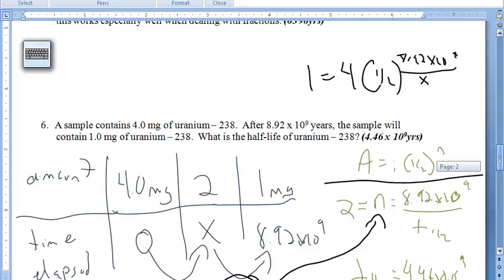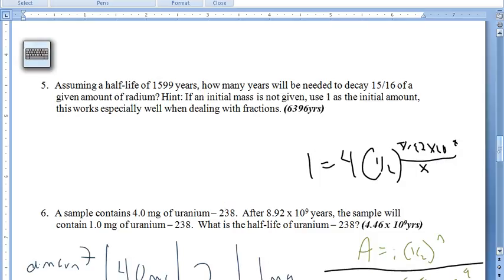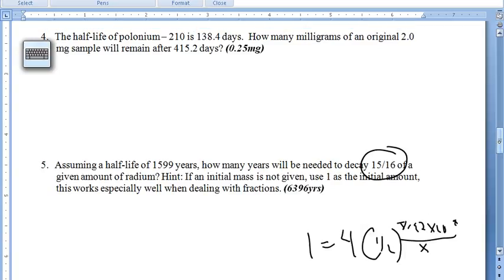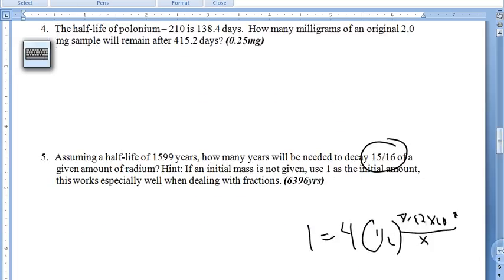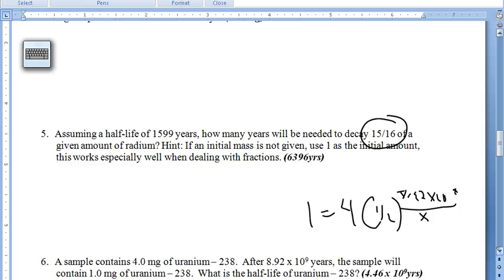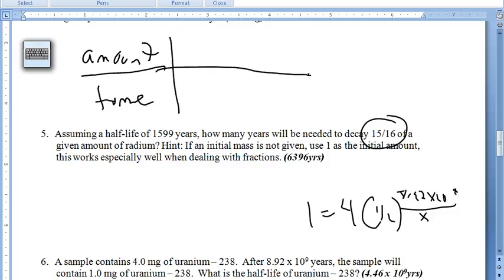I hope that helps. Another question was about how to deal with the 15/16ths. All you would do for that one is start with the amount. When you have the amount here, this is the time. It doesn't matter how much you start with, you can just start with a 1, and then half of that, and then half of that.